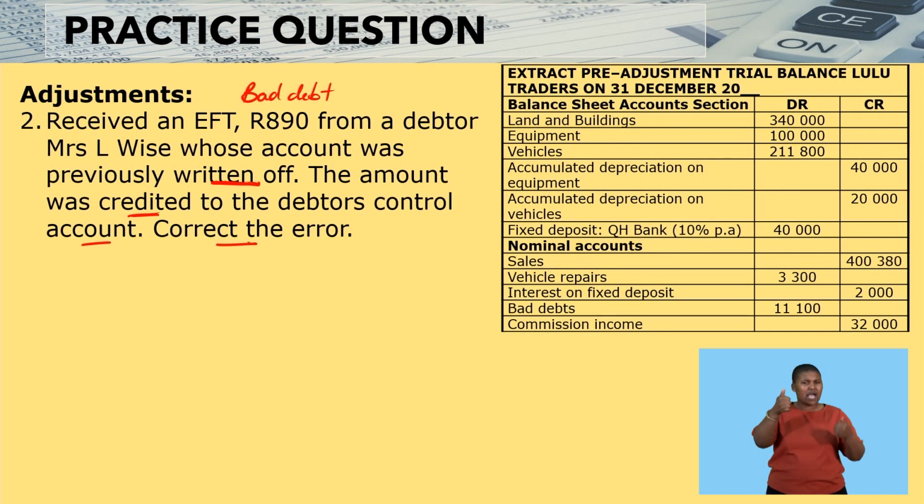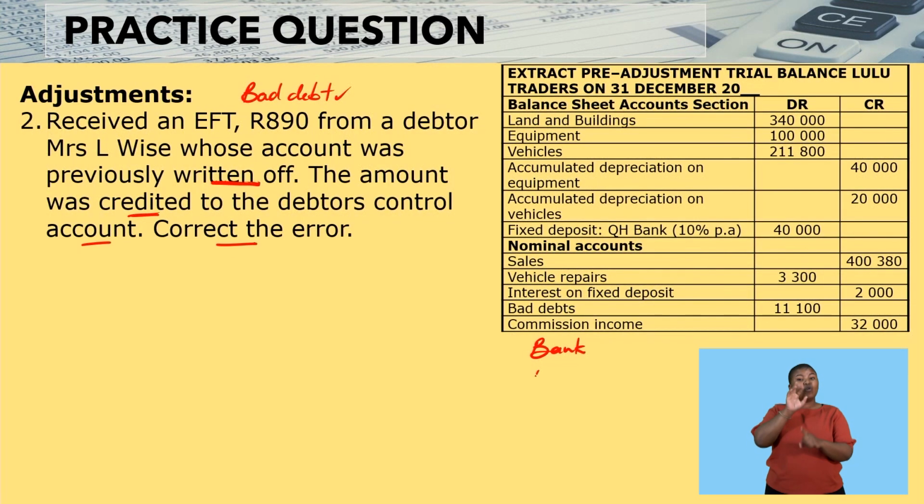The moment we write off an account as a bad debt, we remove the amount from the debtors' accounts. In other words, it is no longer a part of our debtors' control. When that debtor comes back to pay, it no longer affects our debtors' control, because that amount was already removed when we wrote him off.